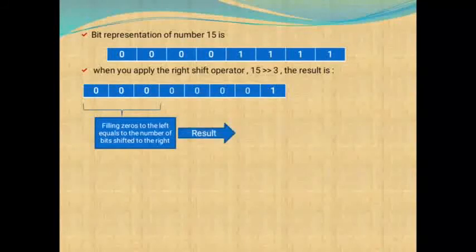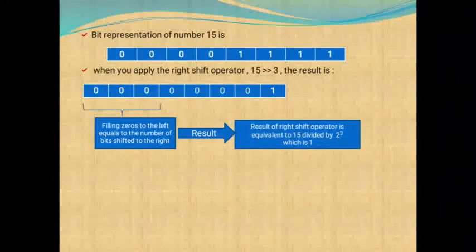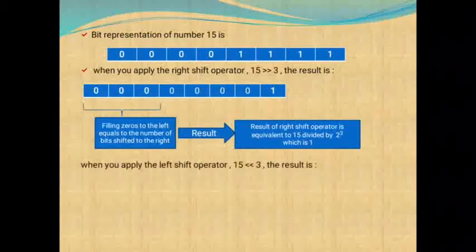So now the result of right shift operator is equivalent to 15 divided by 2 raised to the power 3, which is 1. Now similarly, when you apply the left shift operator, that is shifting towards the left, the values will be moved towards left hand side.